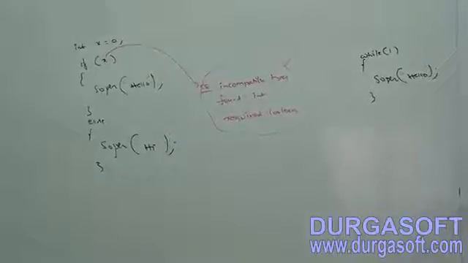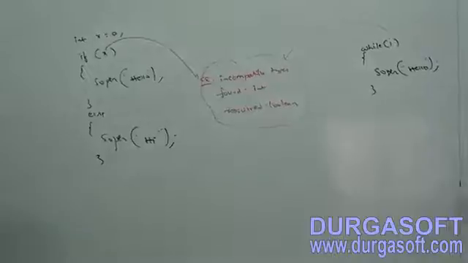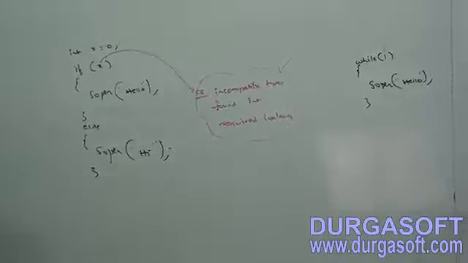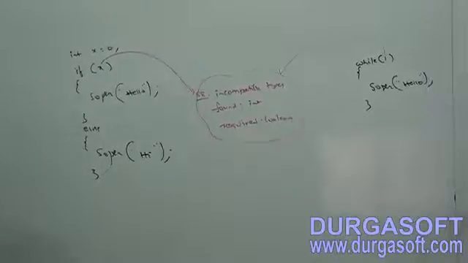int x is equal to 0; if (x) SOP hello, else SOP hi. The compiler says incompatible types, found int, required boolean.